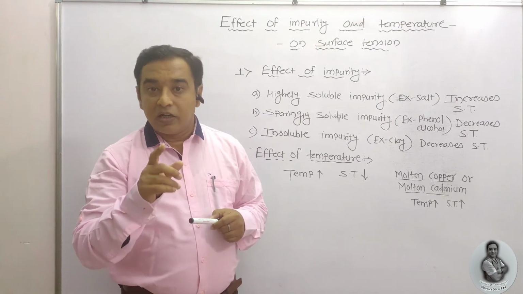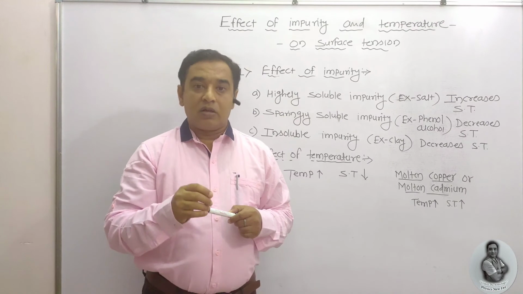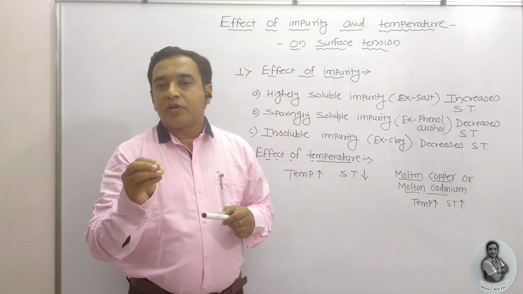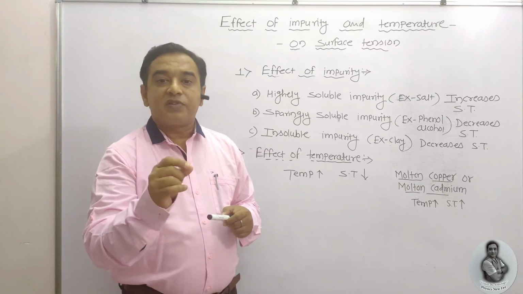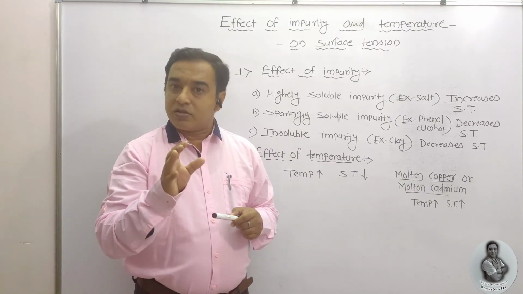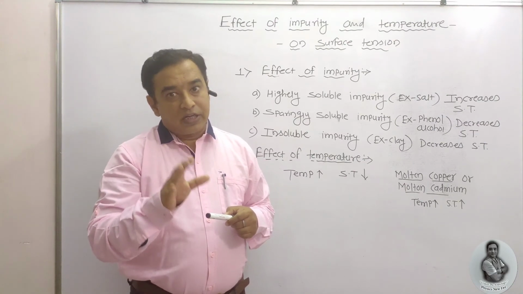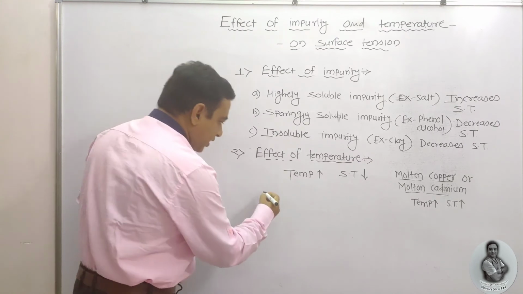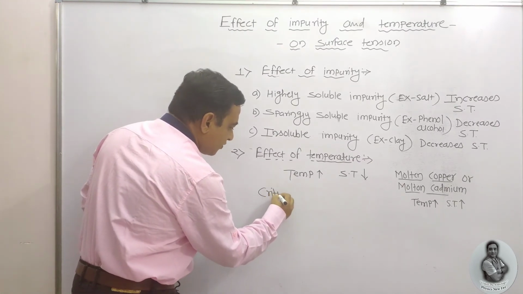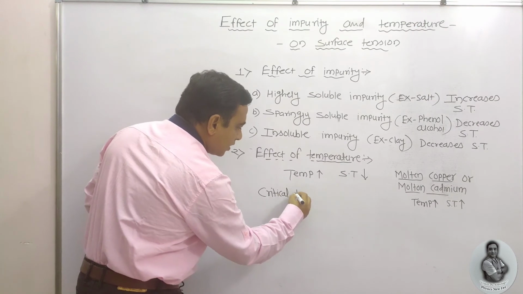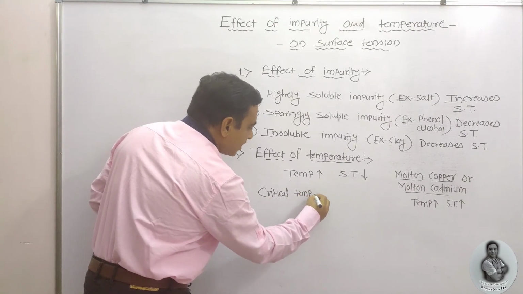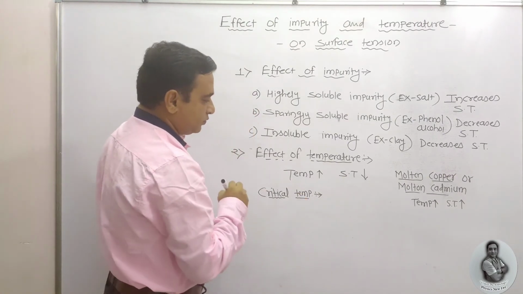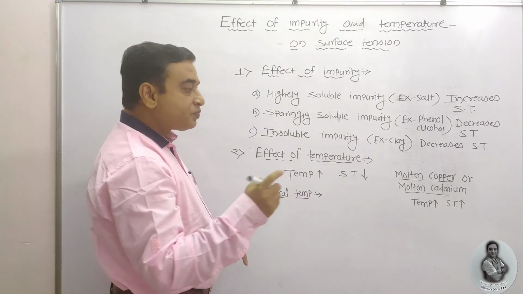This is the definition: the critical temperature of a liquid is the temperature at which the surface tension of the liquid is 0.